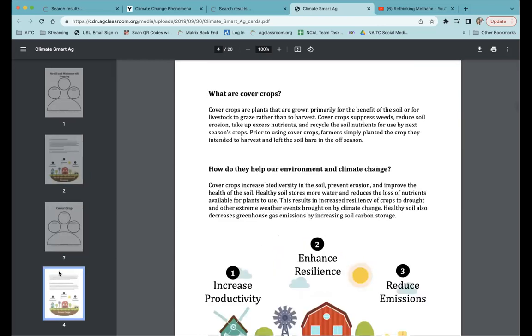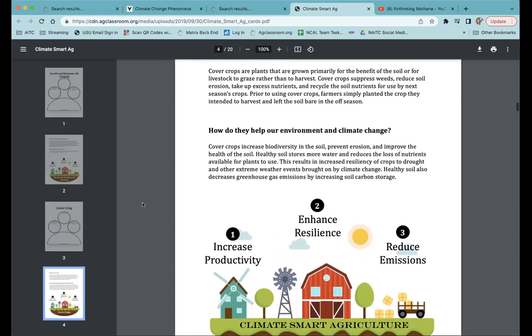Cover crops are crops that are planted in between crops that aren't for harvest, they're not an agricultural commodity, but they help to increase the biodiversity of soil, help prevent erosion, and improve the overall health of the soil. So they enhance resilience, and they potentially increase productivity as well. If the soil's healthier for the actual commodity crop that's grown, then they're going to have better productivity.